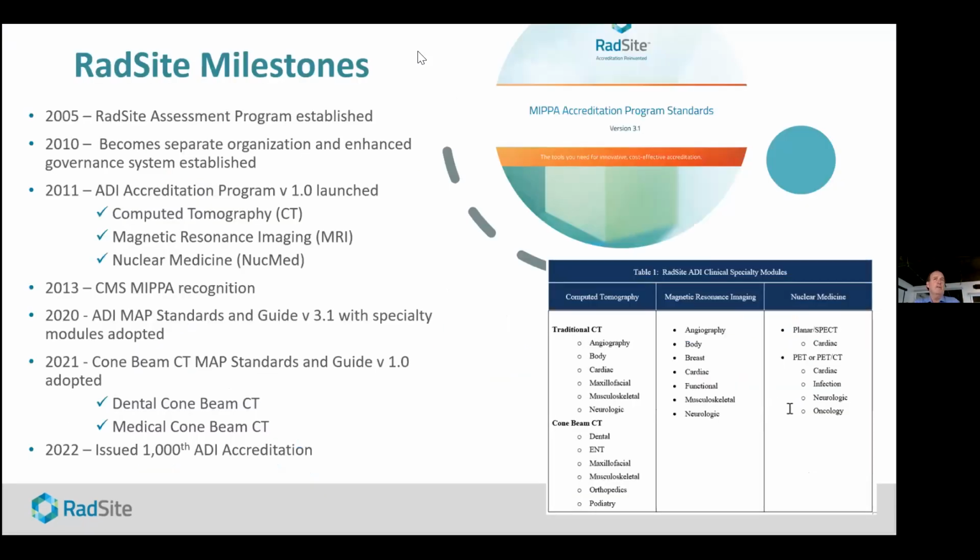RadSite's been around for the better part of, well, it looks like we're closing in on almost 20 years. It was originally established to help payers and states like New Jersey to develop a certification program for both high-tech and low-tech accreditation. In fact, we have accredited or certified 60,000 pieces of equipment at 25,000 different locations.